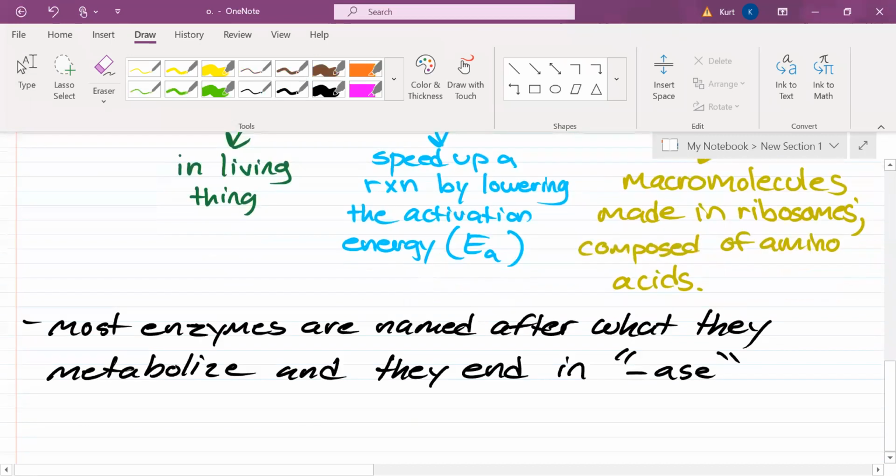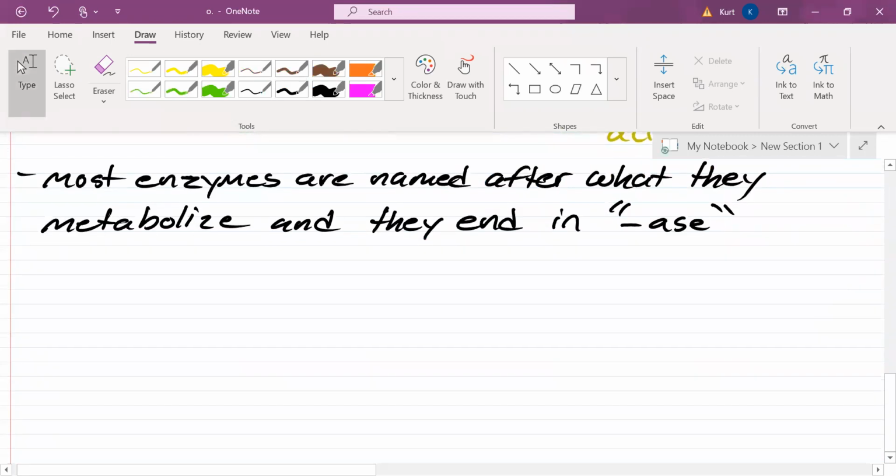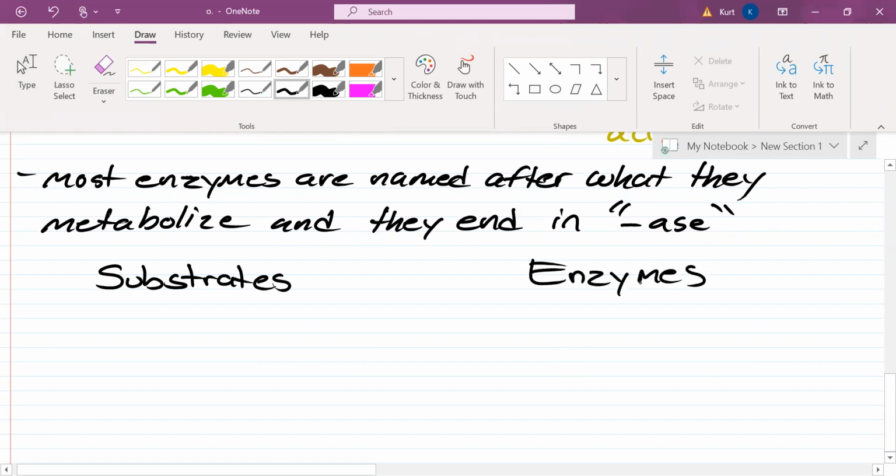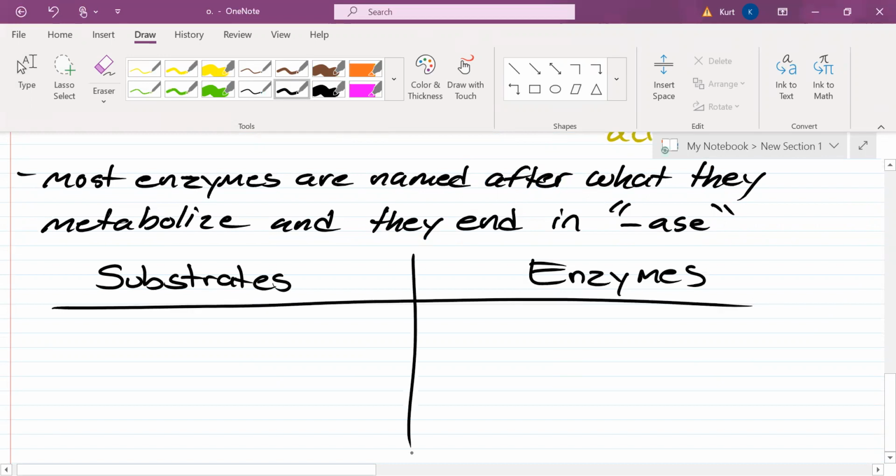A-S-E. They mostly end in ASE. The things that they metabolize are called substrates. And I just want to share with you a few examples of enzymes and substrates and how they get their names.